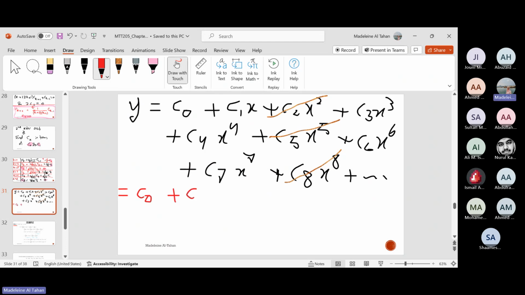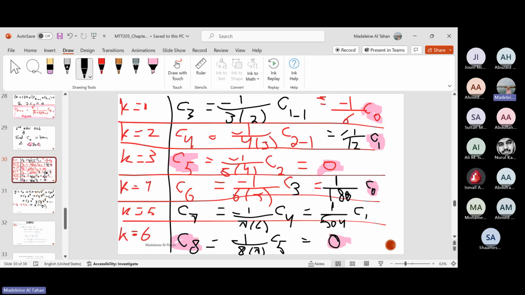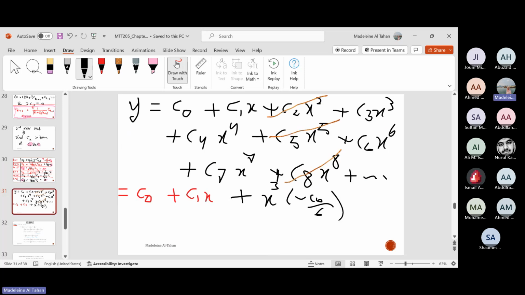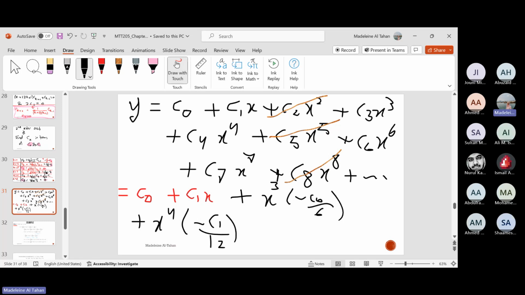Yes. C0 plus C1x, we keep them the same. Now, plus C3x cubed. What was C3? C3 from the table, what was it, miss? Negative C0 over 6. So we will substitute it. Then, plus C4x to the 4, C4 was negative C1 over 12.